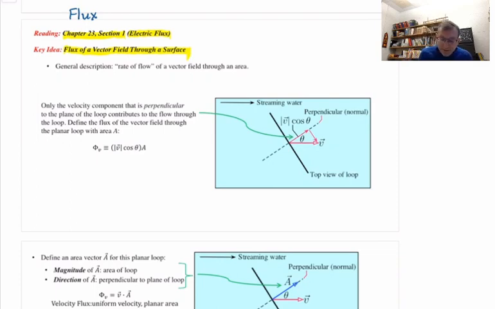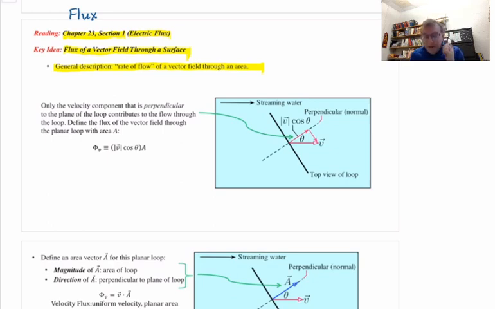The general description of the flux of a vector field through a surface, very general, is the rate of flow of the vector field through the area of the surface. So I want to try to start this by being as concrete as possible, and not as abstract as it could be, so that you can visualize the ideas.